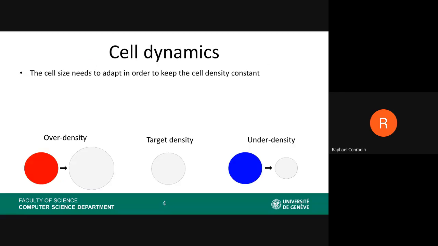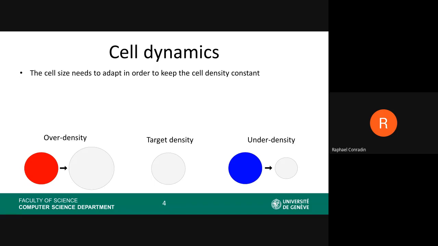So for the cell dynamics, as I told you before, we use the pressure in order to be able to model the growth of the cells. So we link the pressure to the density. We want that when the density is too high, the cells are growing. When the density is the target density, the cells stay the same.